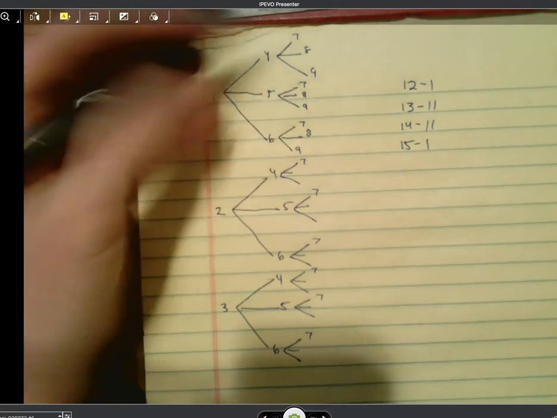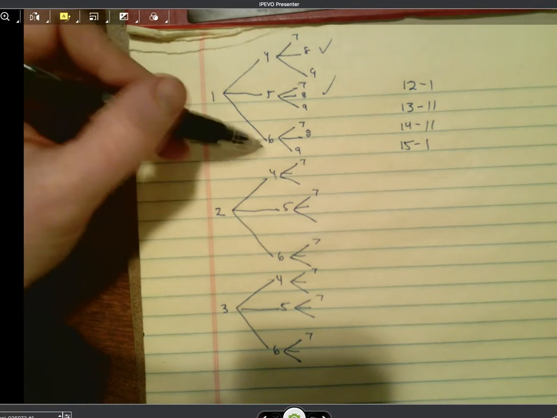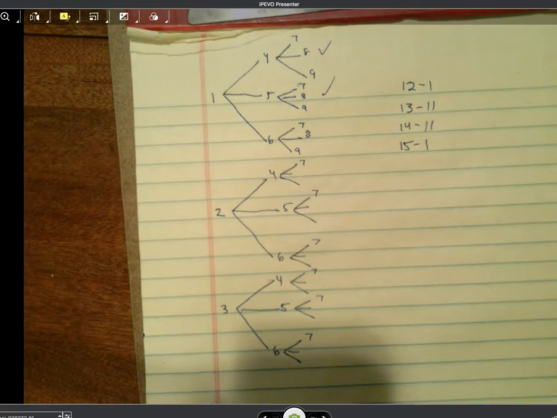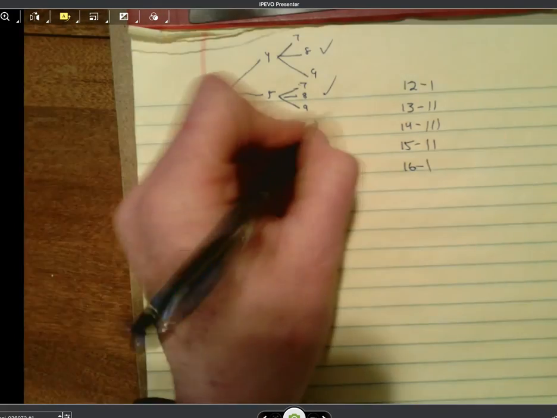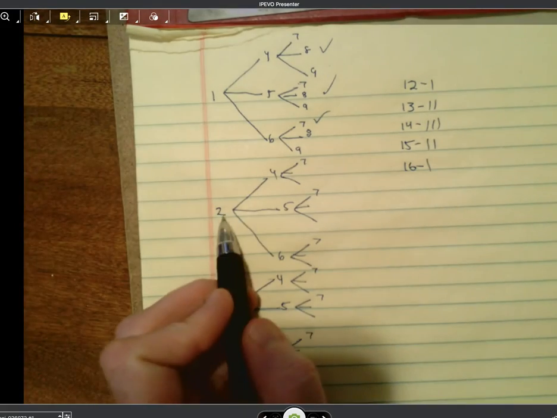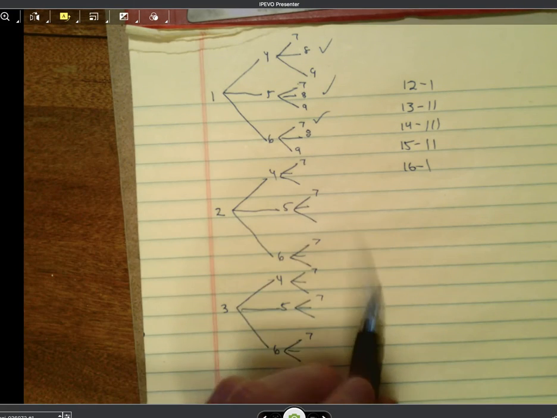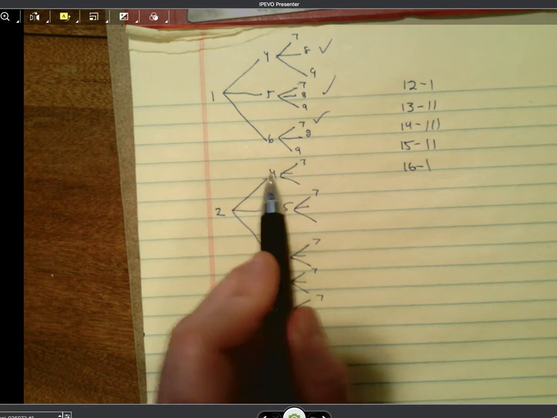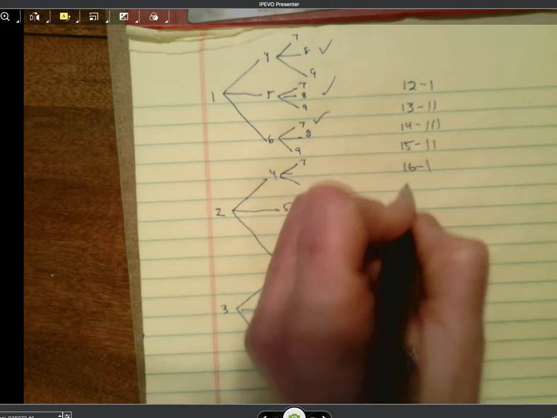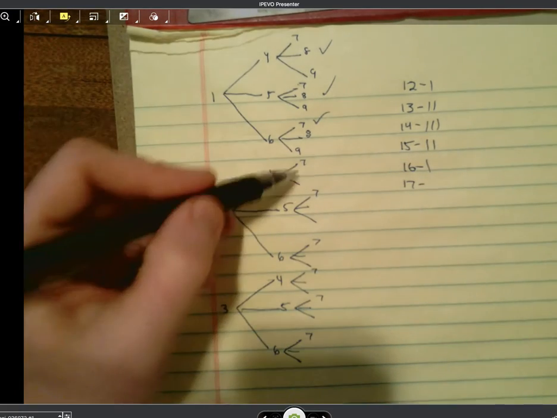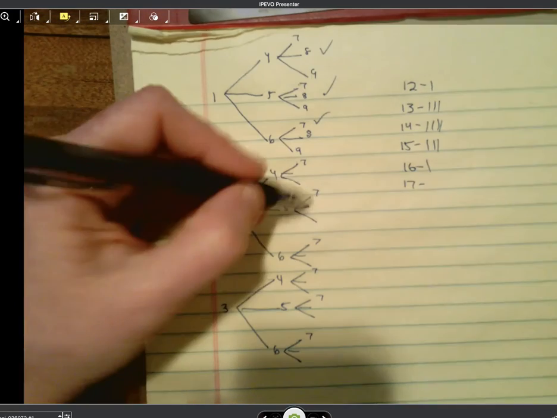Okay, took care of that one, right? We're going to check these off. Now, this one has 7 and 7 is 14, 15, 16. Check that one off. All right, this one is 1 more than the one above, right? 7 and 4 is going to give me 11, plus 12 is 13. So what we can do, this one's going to go 13, 14, 15.